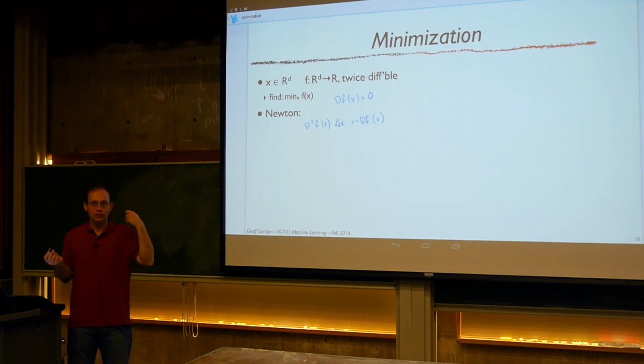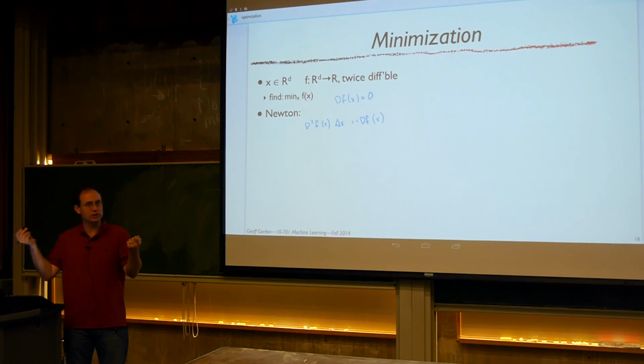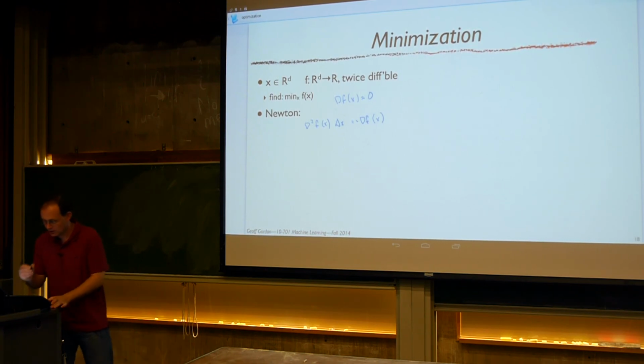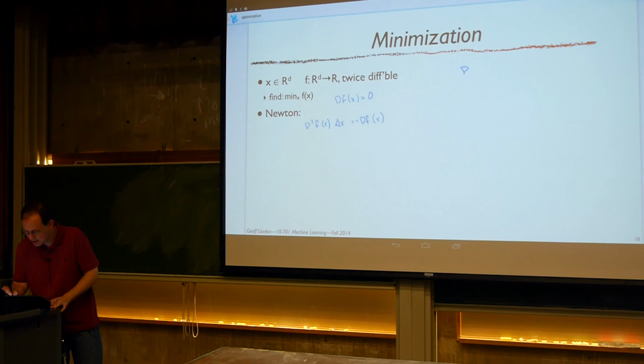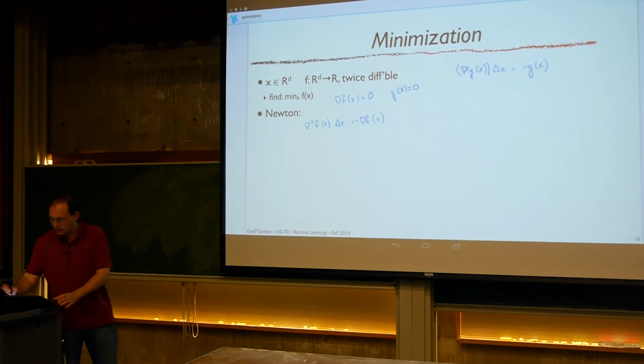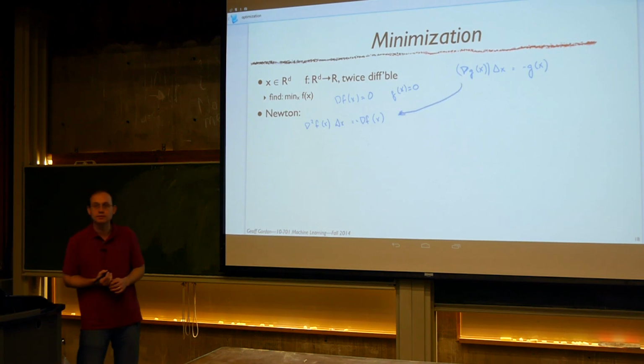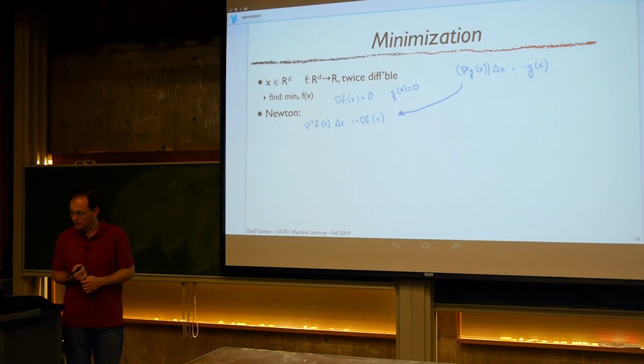So the second derivative of the function times the step has to equal the negative of the first derivative at the current point. If I want to solve g of x equal to 0, Newton's method says the gradient of g at x times the step delta x has to equal minus g of x. And if we substitute g equals grad f, that gets us there. Okay?